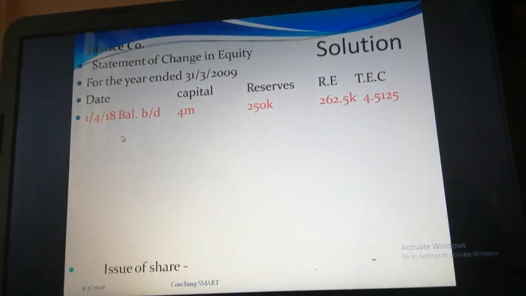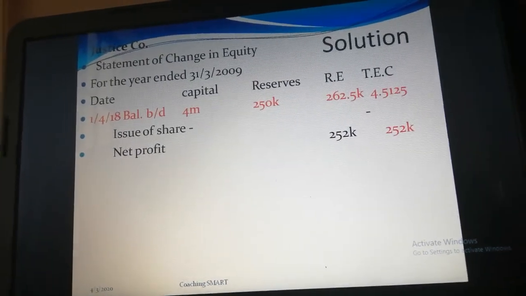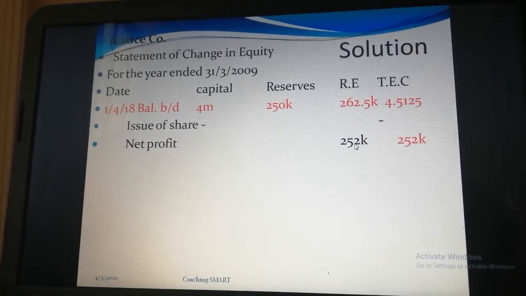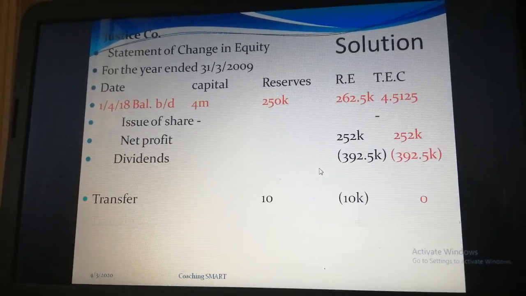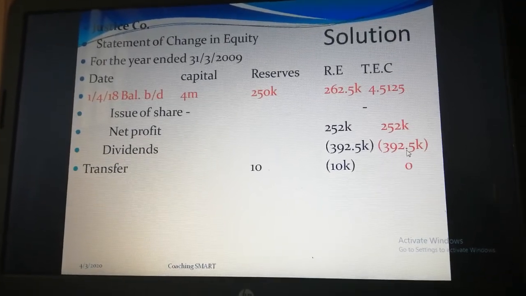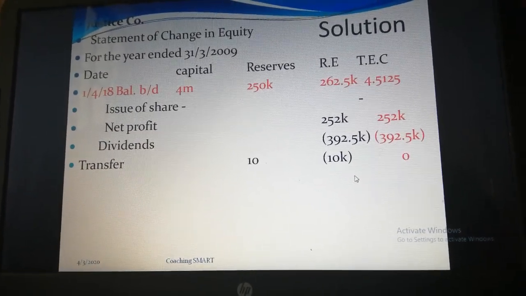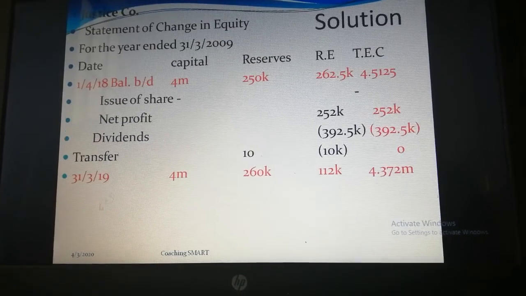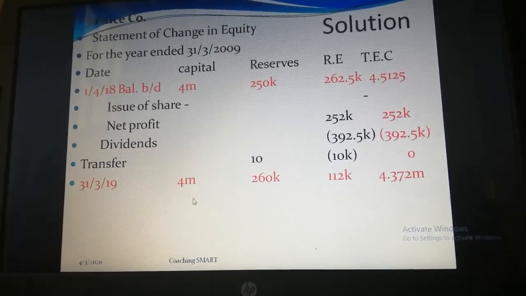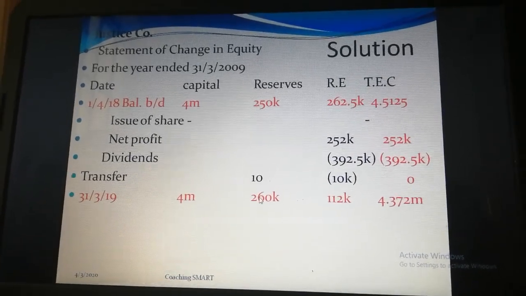Next item is issue of shares, which was not there. Net profit, we take it from net profit after tax, which is 252k. Dividends is 392, you less. Transfer 10,000, 10,000 less.